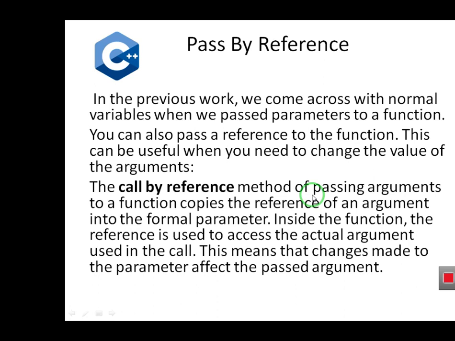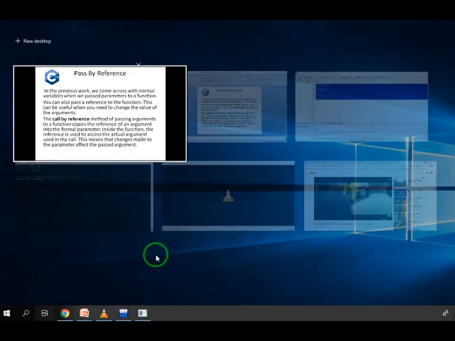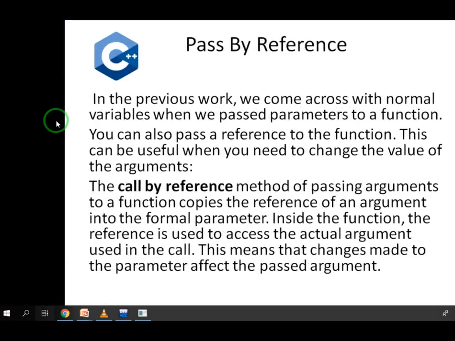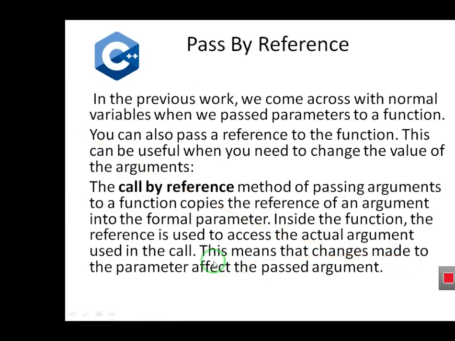Inside the function, the reference is used to access the actual argument. It means we are not giving the actual value, but the reference used in the call. This means that changes made to the parameters affect the passed argument.